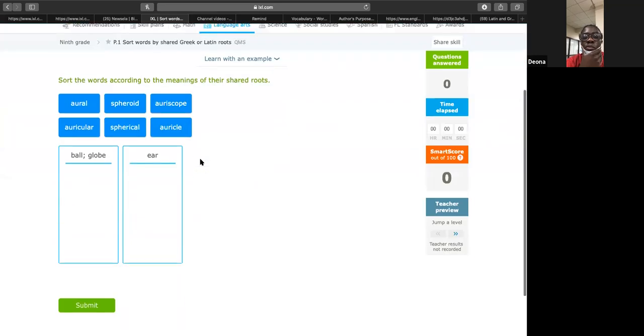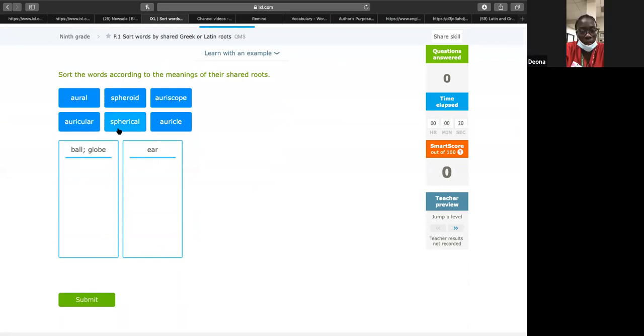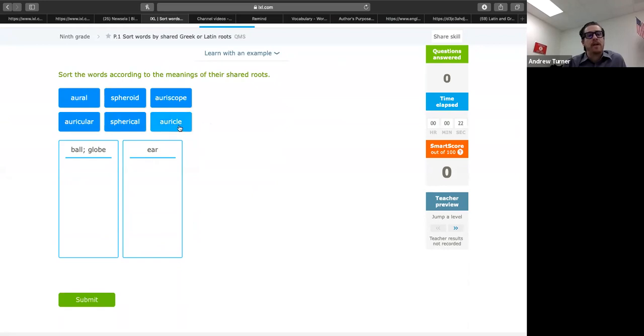Okay, so we are looking at words and trying to identify which one is having to do with a ball or a globe or an ear. Aural, spheroid, horoscope, auricular, spherical, and then oracle. What do you guys think?